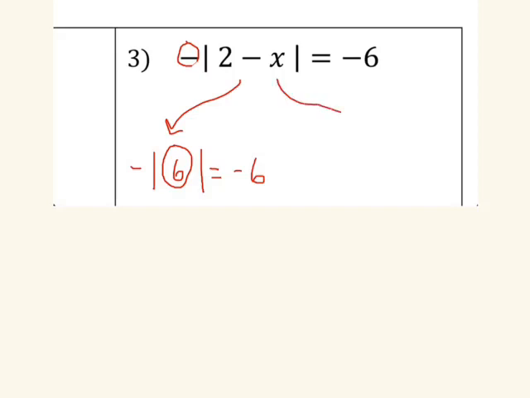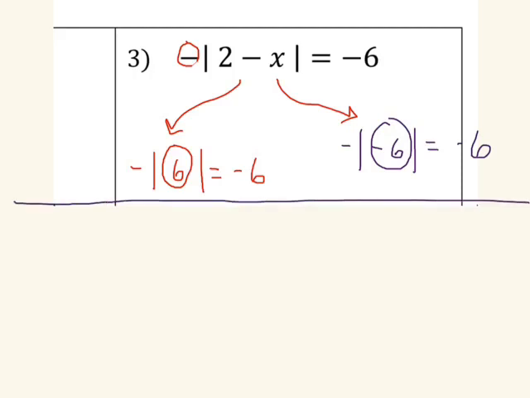Also, we're going to have two different solutions here. Our other solution is if we end up with a negative 6 in the absolute value sign, this will work too. So we're going to solve to try to get 6 as well as solve to try to get negative 6, and these are the two responses in this particular example. Alright, so let's go to work and see what we come up with here.